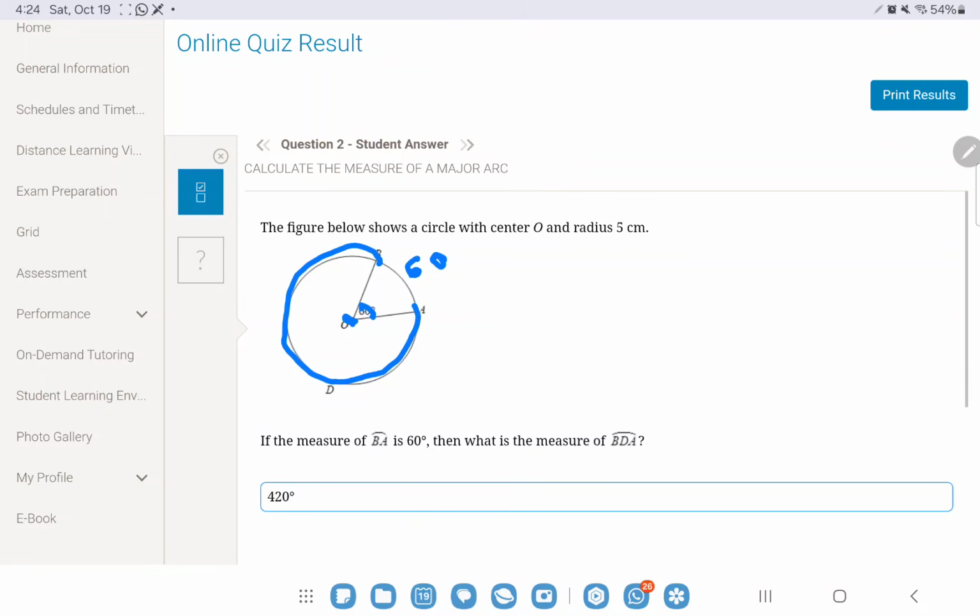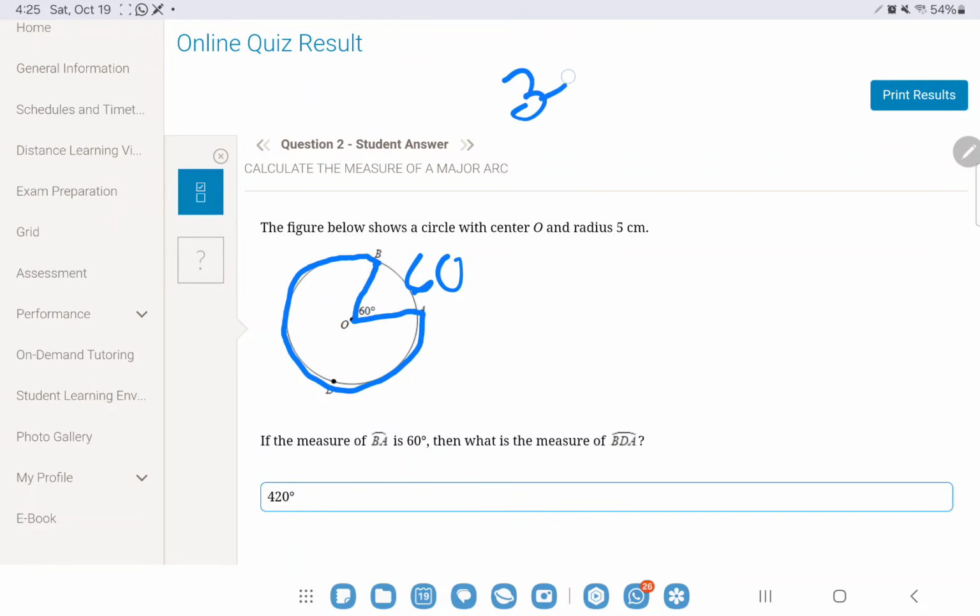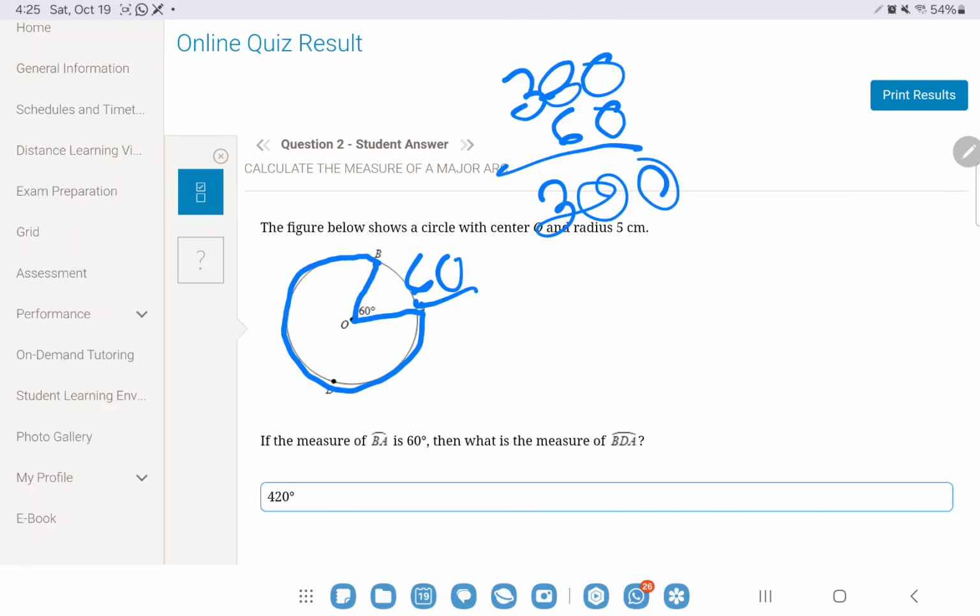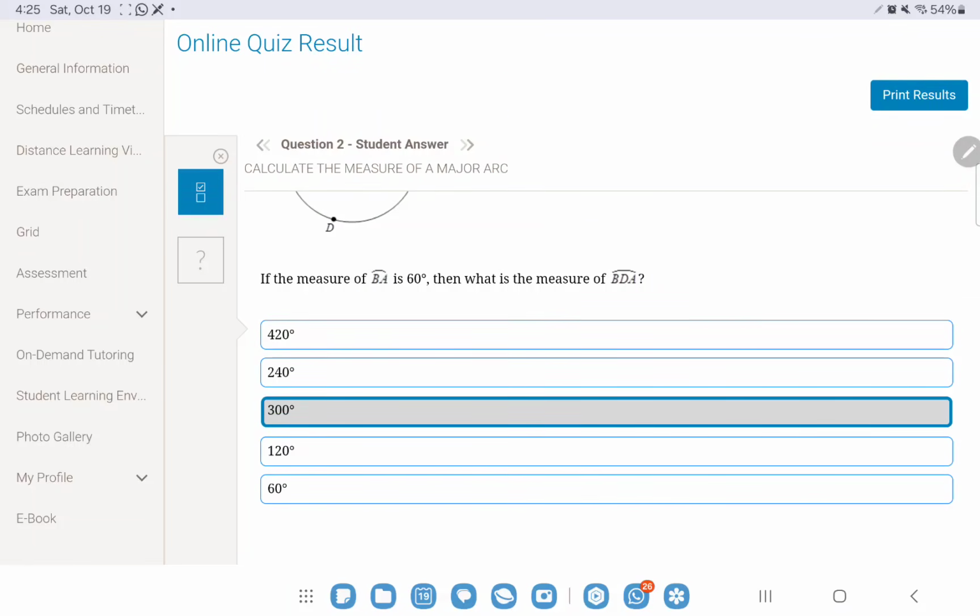Sorry guys, I thought this was the correct answer. I was confused. So if this is 60, they're asking you what's the rest without the 60. We know that a whole circle is 360 degrees. If you have this part to be 60, subtract it from the whole circle, you get 300. And your answer should be 300. Let's see. It's 300, so you got it right.